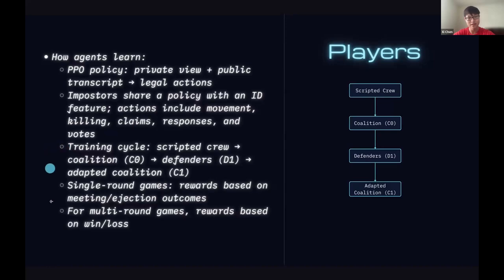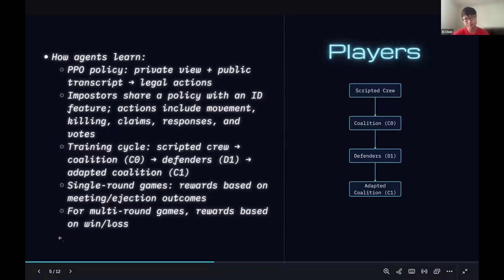And then to address our co-adaptation question, we first begin with a scripted crew which the imposters will adapt against. After the imposters are trained and we freeze their weights, we then have the crew as reinforcement learning agents to adapt against the coalition that has just learned.